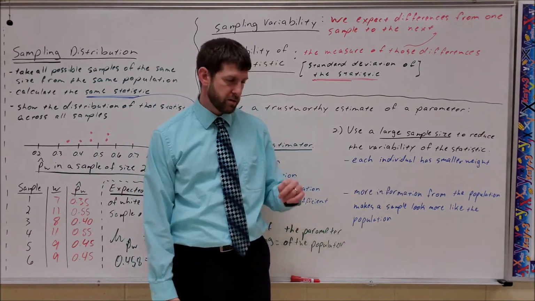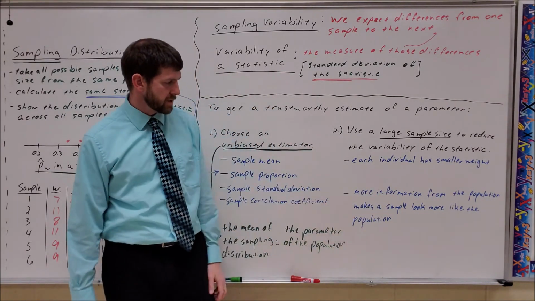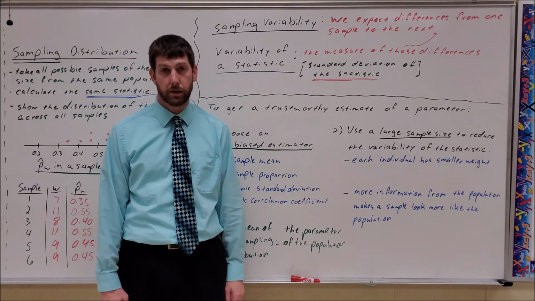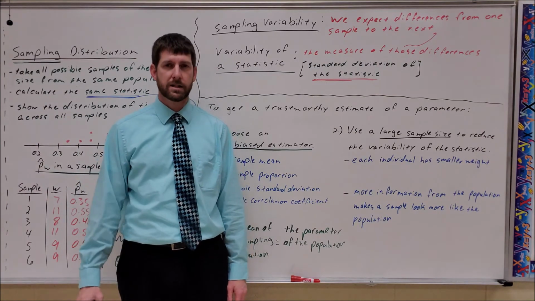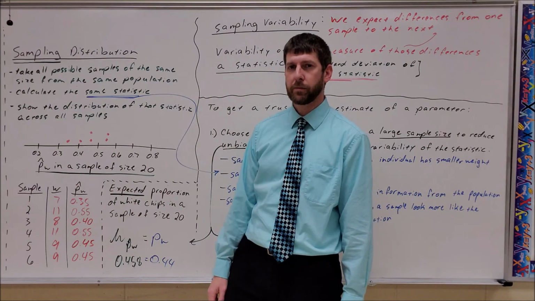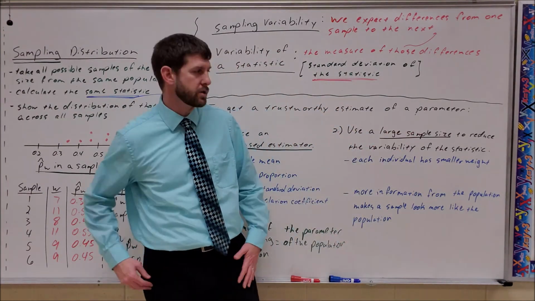So each individual has a smaller weight, and more information from the population makes the sample look more like the population. I mean, that seems like a common sense thing, right? So the larger our sample size is, the better that snapshot gets of the population. So obviously we're going to get a better estimate of what's going on in the population.